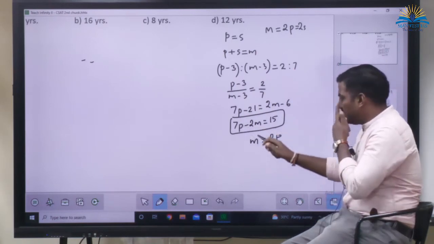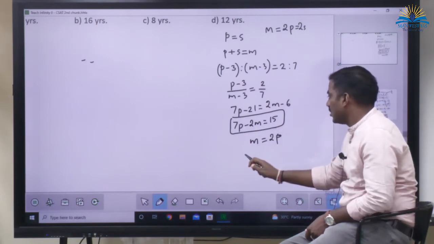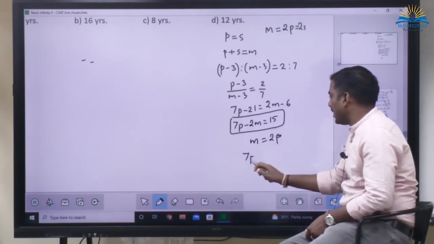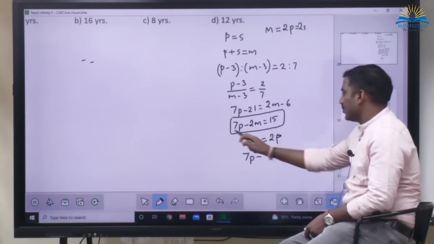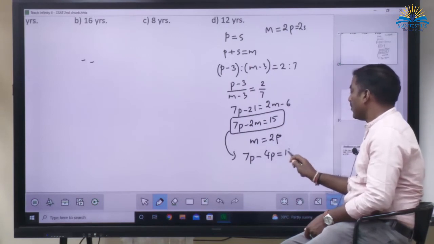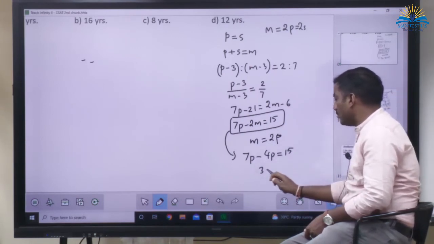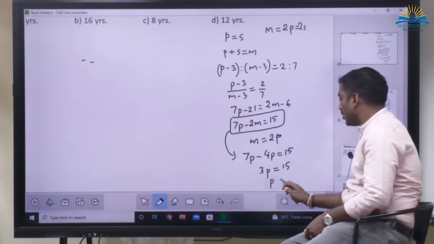So substitute here. Wherever M is there, 7P minus 2M, 2 into 2P. 7P minus 4P is equal to 15. So 3P is equal to 15. P is equal to 5.